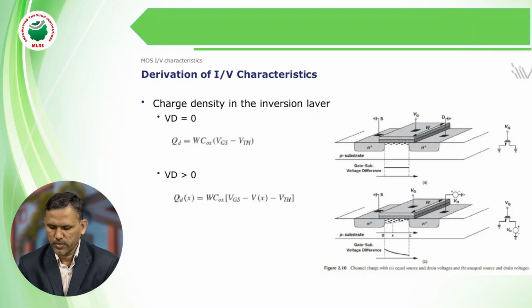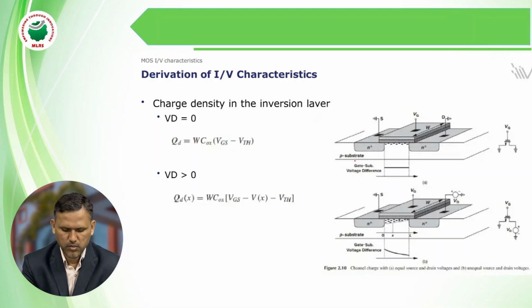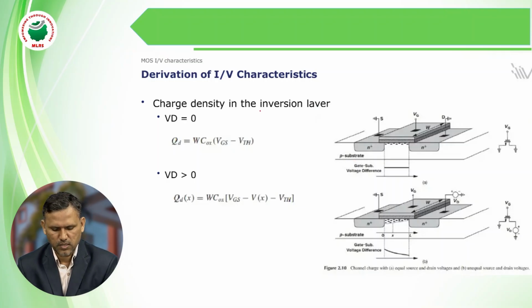If VD equals 0, you can observe from this figure that VG is applied at the gate, and source and drain are both grounded. That means VD is equal to 0.